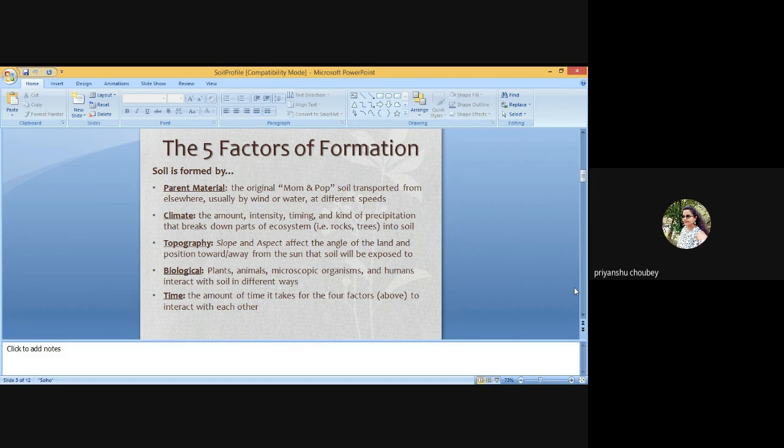Discussion in these slides is restricted to the genetic horizons, or the designations of the genetic horizons O, A, E, etc. They only explain a qualitative judgment about the changes that have taken place in the soil materials.